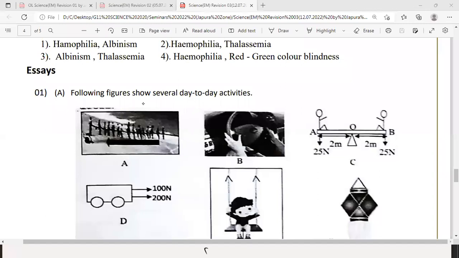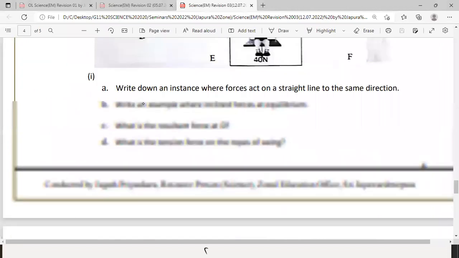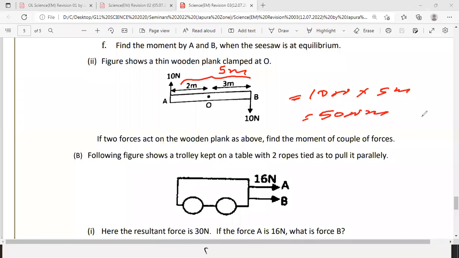Okay, then next part, part 2. This one, how to find the moment. So this will be 10 into how? The perpendicular distance will be what? This will be 5 meters. And here 10 Newton. So you have to write 10 Newton into 5 meters. That is the moment. Then you get 50 Newton meter.